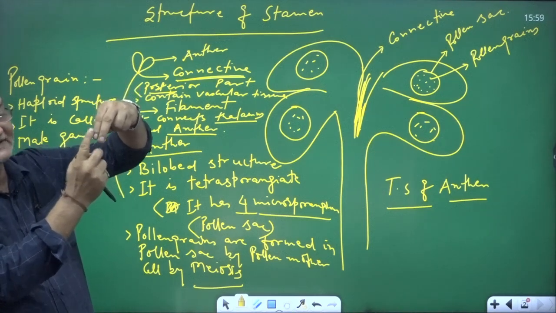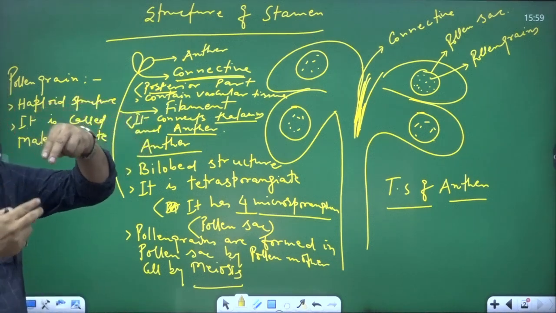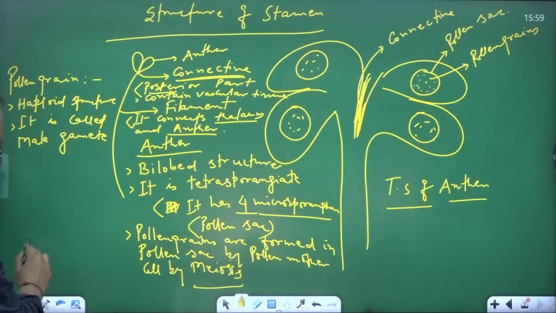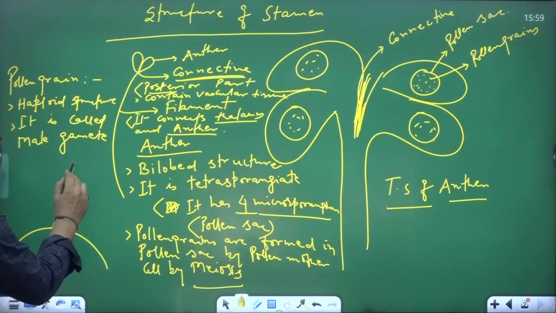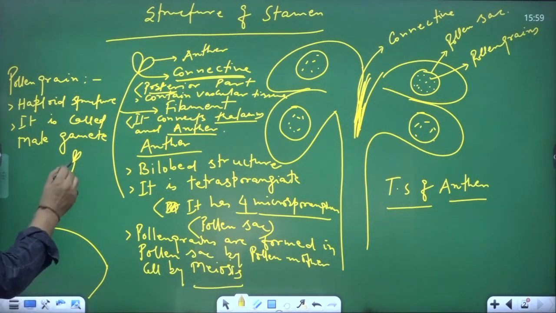This is the anterior side, this is the posterior, the lower one, and it connects the anther. This is the thalamus, right? From thalamus it originates. So origin is from thalamus and terminal part is anther.